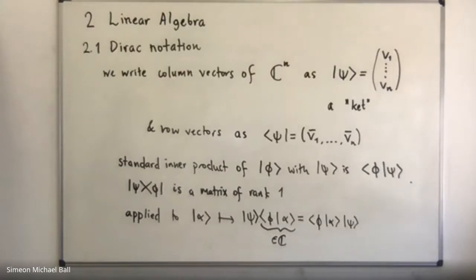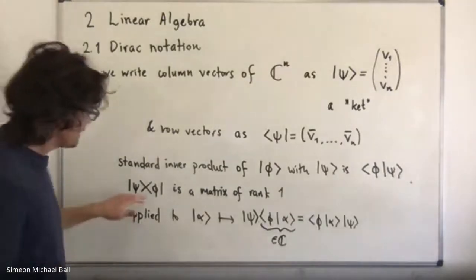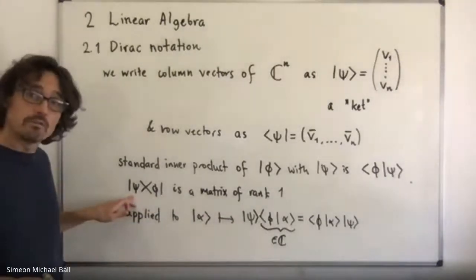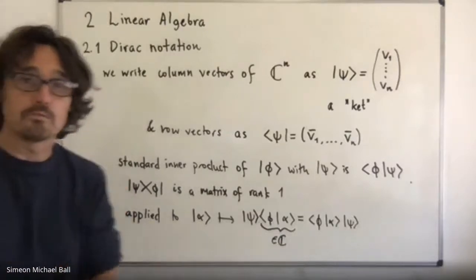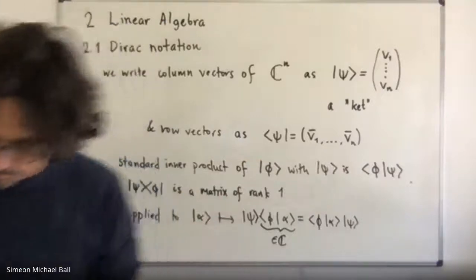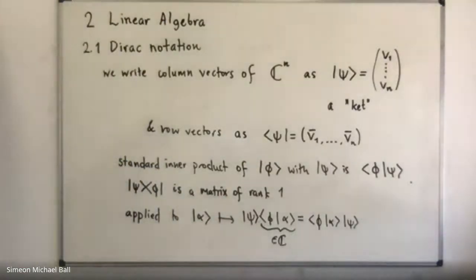So you see from this that the image is always going to be a multiple of this vector. In matrix form, of course, the image is the span of the column space. So it's a very convenient notation, and we shall use it a lot.